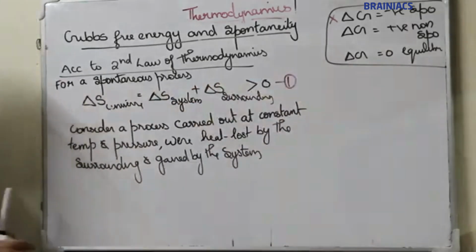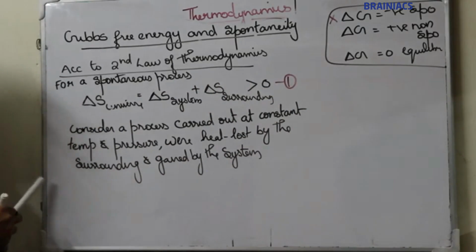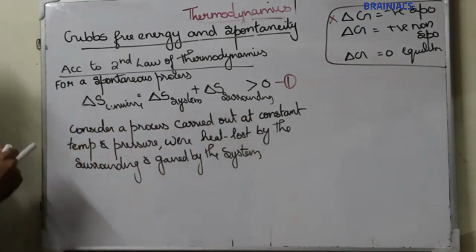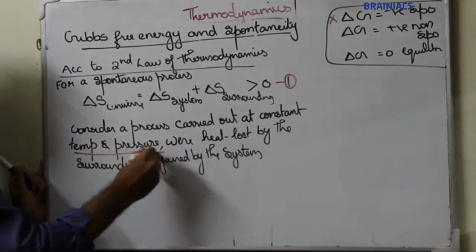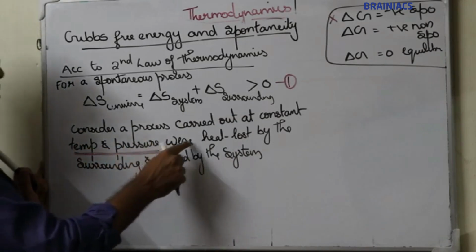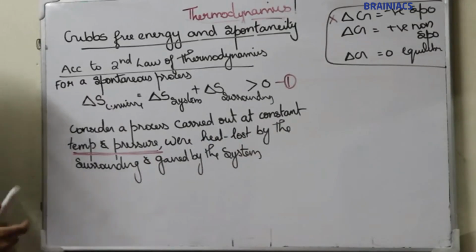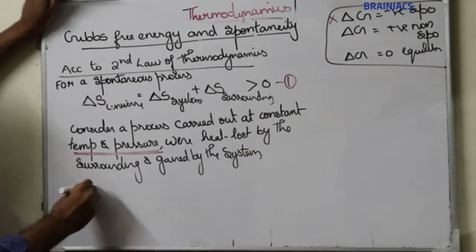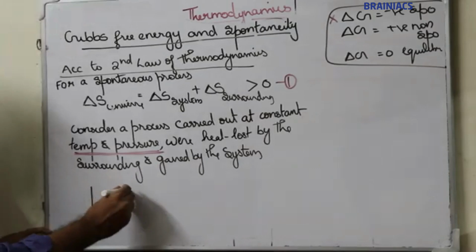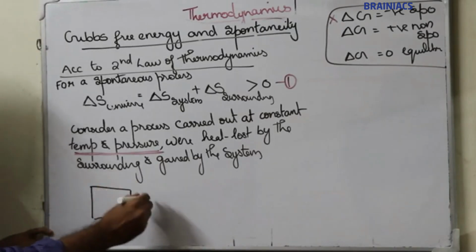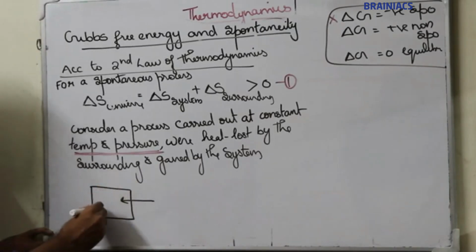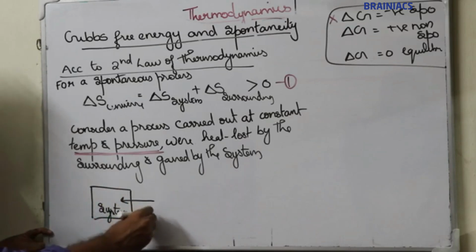Okay. Now, consider a process carried out at constant temperature and pressure, where heat is lost by the surrounding and gained by the system. So consider a process where a system absorbs heat energy from the surrounding.